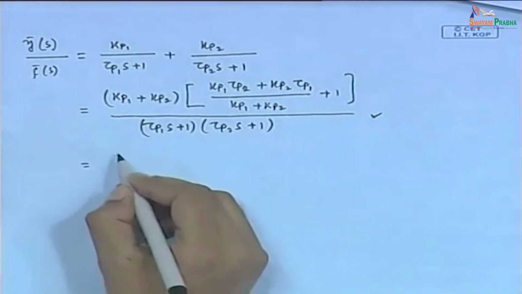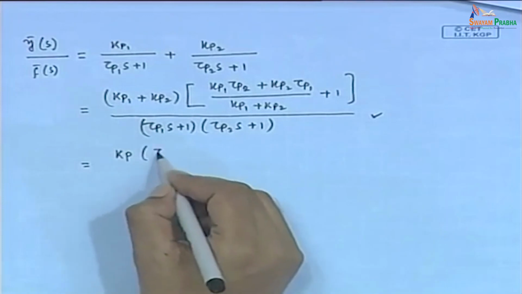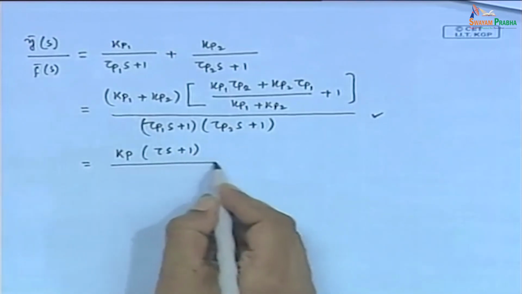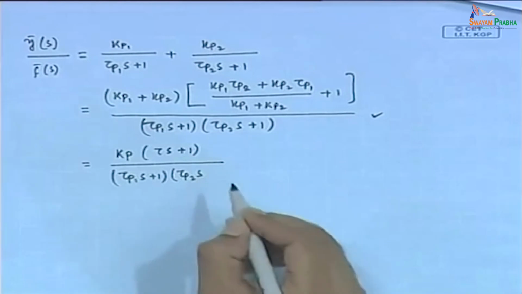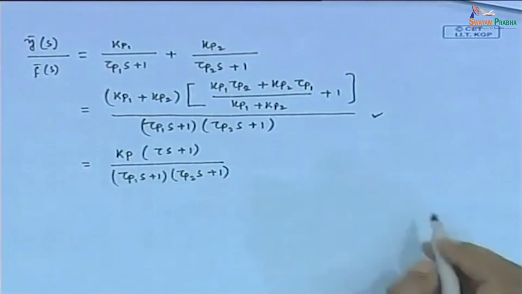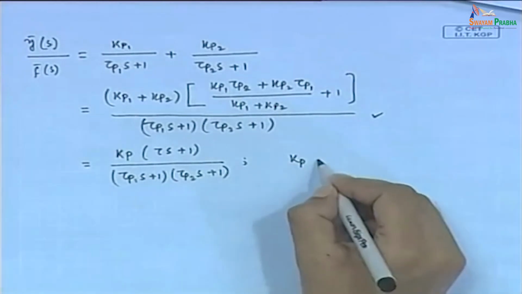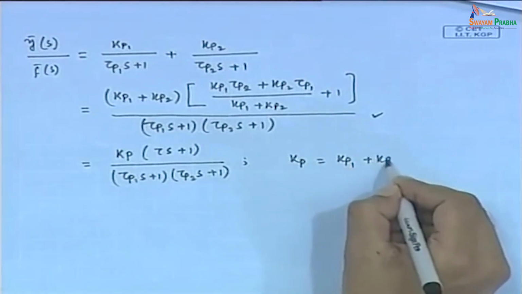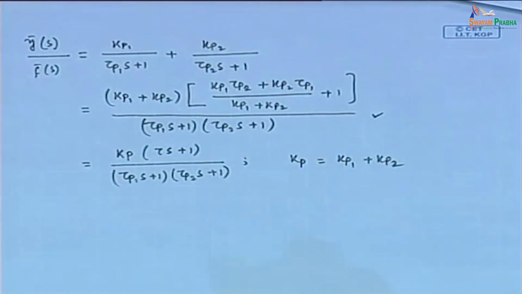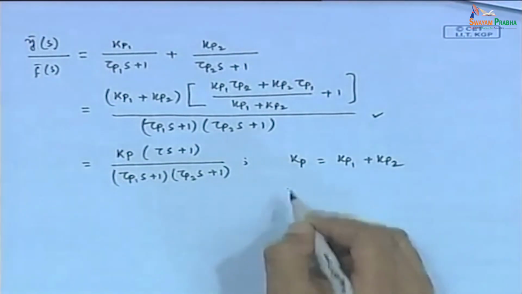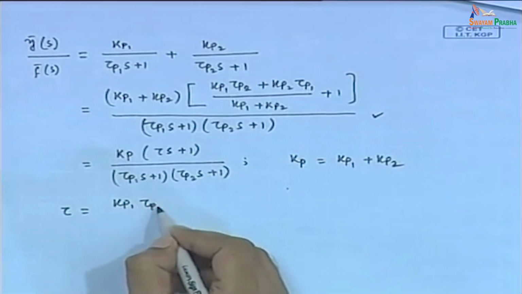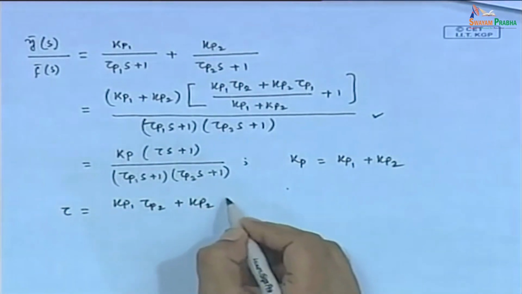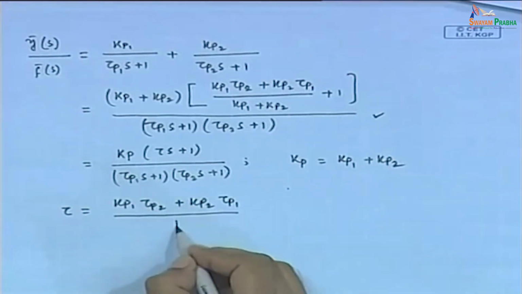Now, we can represent this again as Kp multiplied by tau s plus 1 divided by tau p1s plus 1 multiplied by tau p2s plus 1, where Kp is Kp1 plus Kp2 and tau is Kp1 tau p2 plus Kp2 tau p1 divided by Kp.